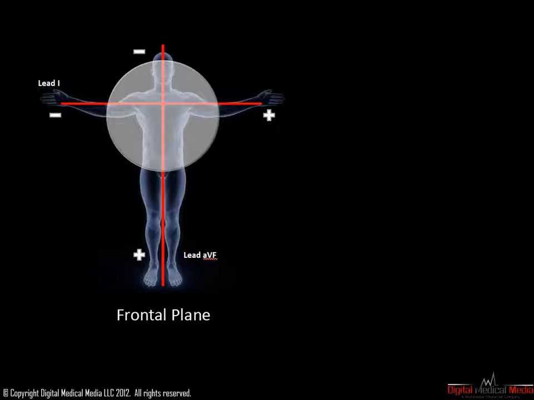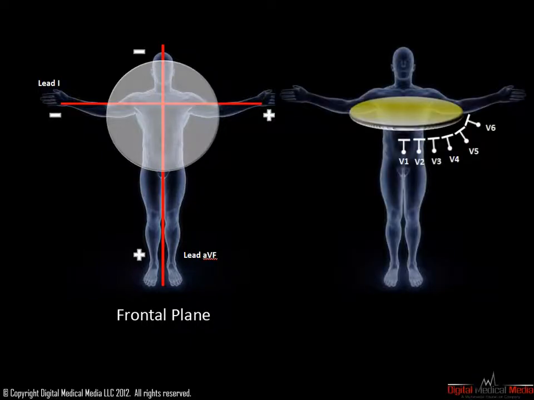When we talk about cardiac axis, we are referring to the mean vector of depolarization in the frontal plane. It turns out that the heart also has a mean vector of depolarization in the horizontal or transverse plane. Leads V1 through V6 transect the body electrically in that particular plane.